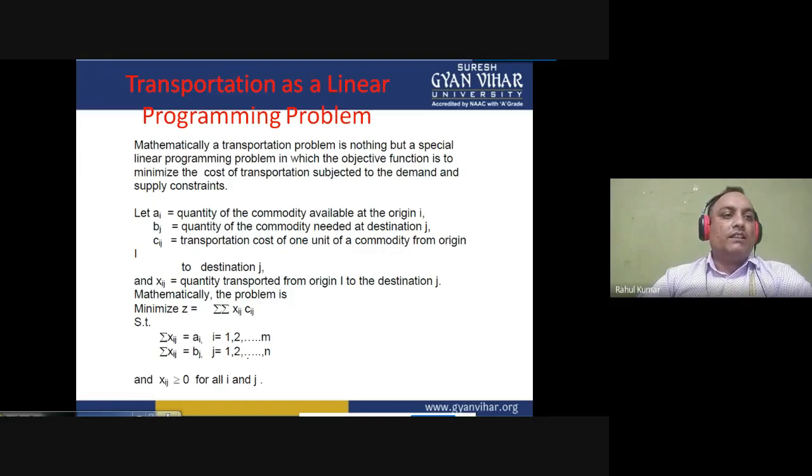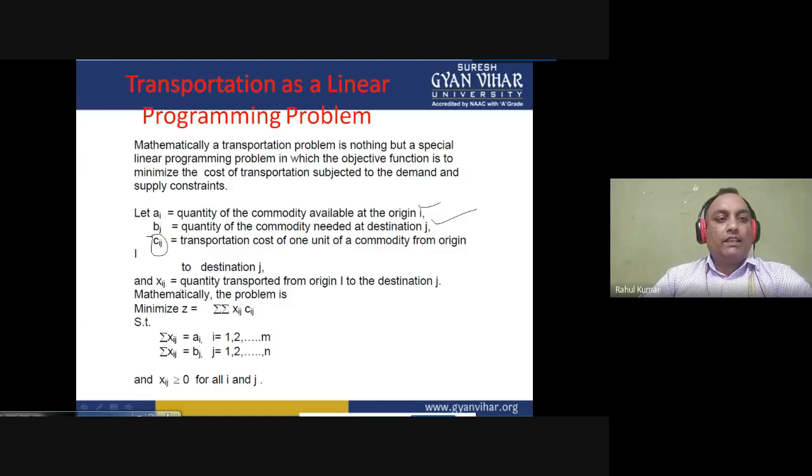So this CIJ is the transportation cost. And AI is the quantity of the commodity available at the origin I, but BJ represents the quantity of commodity needed at the destination J, right?